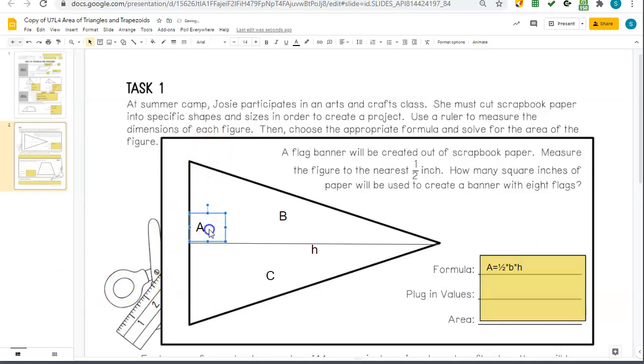So this A equals 2.5, and this H here equals 4 inches. Okay? So go ahead and substitute in what your formula should be. I'm going to follow up with another quick question there. So what should your equation now be?